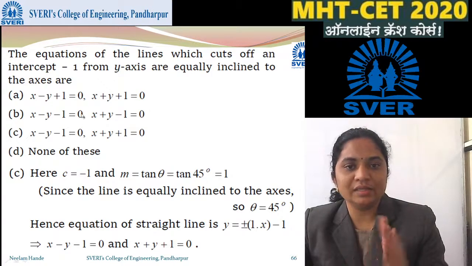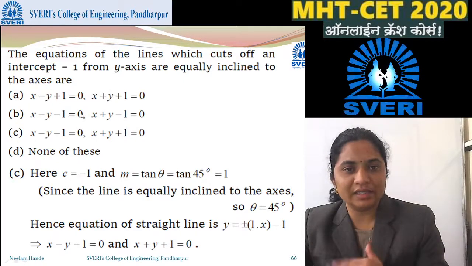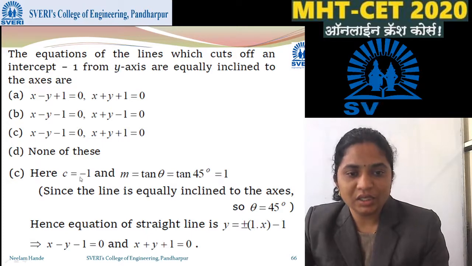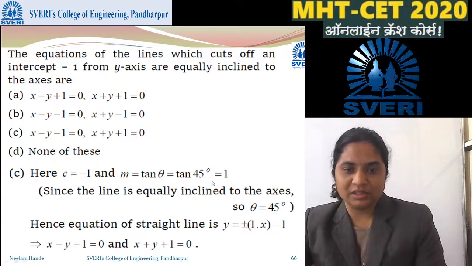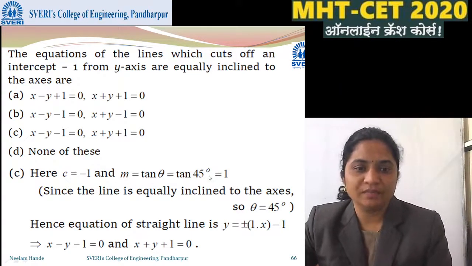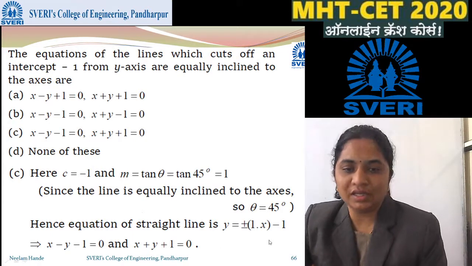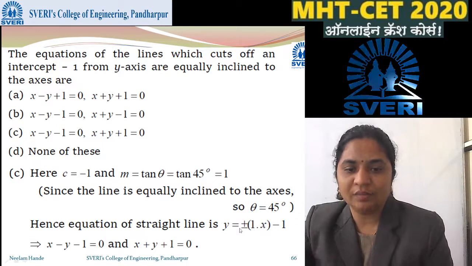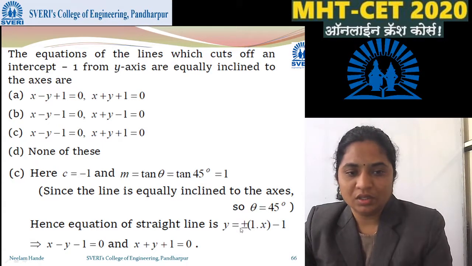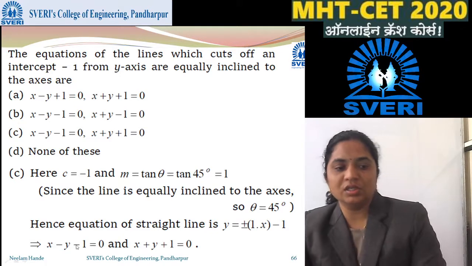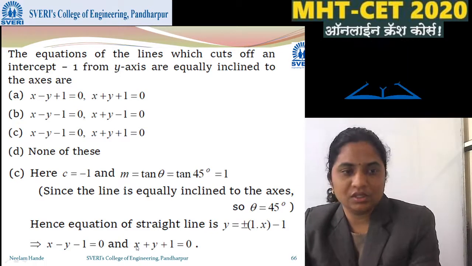The angle between x and y is 90 and it divides it into exact halves. So theta is 45 degrees. So m is tan theta, that is tan 45, and tan 45 is 1. m is 1, c is minus 1. So we know the equation of a straight line, y is mx plus c. m can obviously be plus or minus, so y is plus or minus mx plus c. Substituting here we get two equations as this. So the correct option is C.